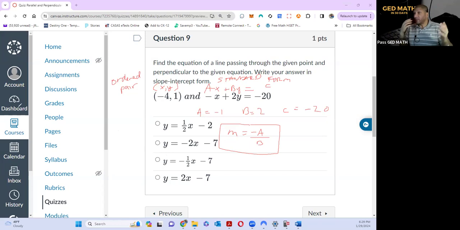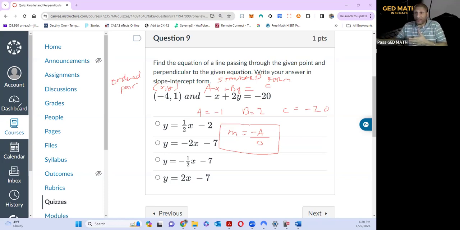For example, in this case, the givens are I have a point and I have an equation of the line. I know each point gives me an x and a y. I know this equation is in standard form. Because it is in standard form, I can identify my A, B, and C, so I know the slope is the opposite of A over B.